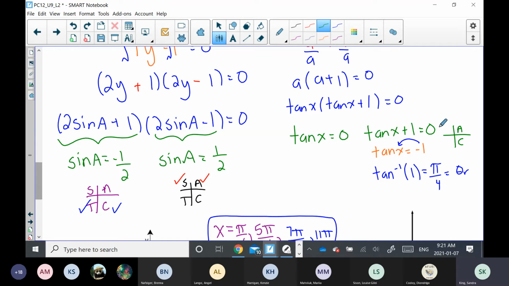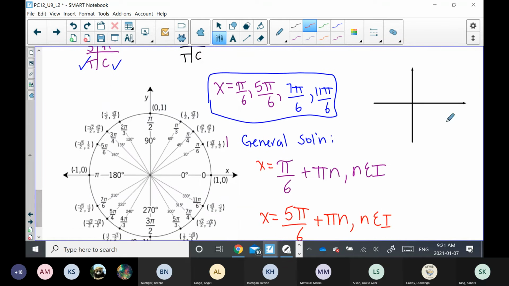So according to my CAST rule, tan is negative in quadrant 2 and in quadrant 4. So quadrant 2 and quadrant 4, I'm going to have answers. So in quadrant 2, if my reference angle is pi over 4, what is my angle in standard position?